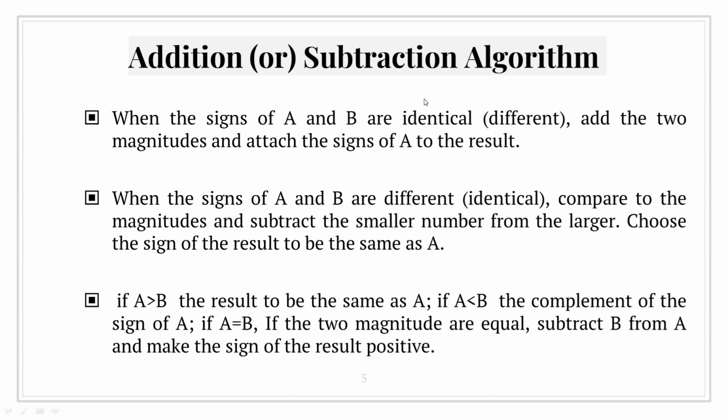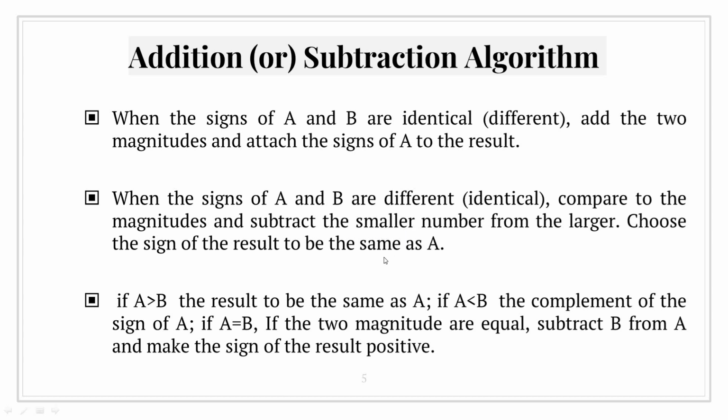Next, we will see the addition and subtraction algorithm details. When the signs of A and B are identical, add the two magnitudes and attach the sign of A to the result. When the signs of A and B are different, compare the magnitudes and subtract the smaller number from the larger.